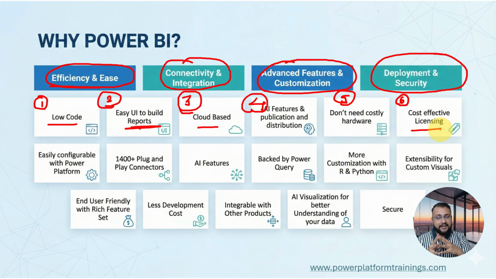Many companies are already having contracts with Microsoft and already using the Microsoft product space, like overall Microsoft 365 or Microsoft Office, or they already have enterprise licenses. So to cope up with Power BI is fairly easy, and it's a completely governed and secure product. So many companies are going with that, and it fits into the budget as well.